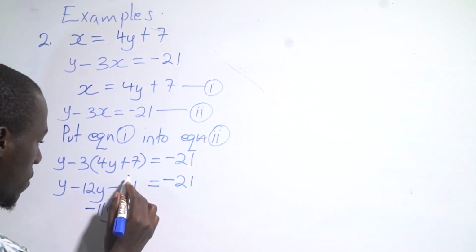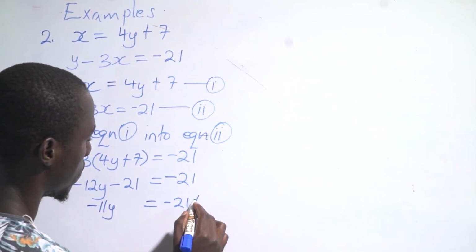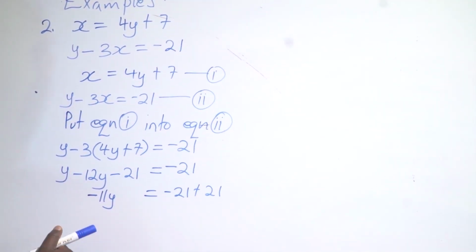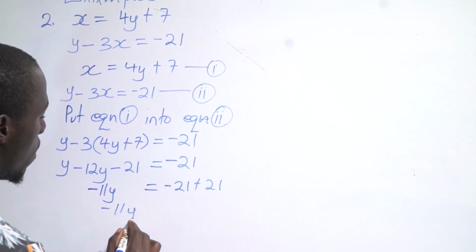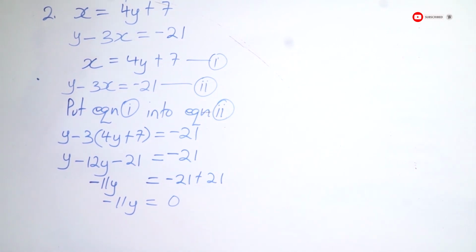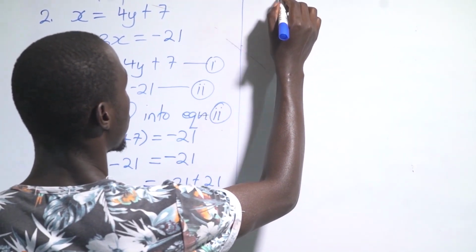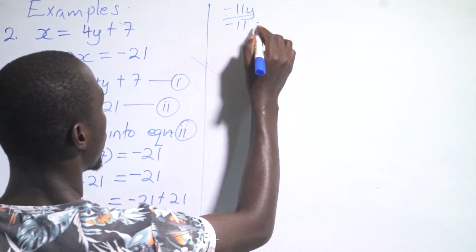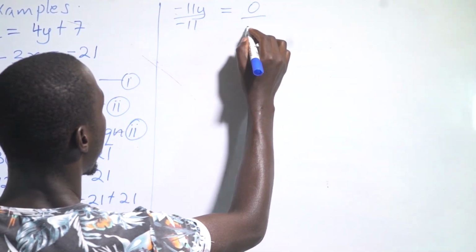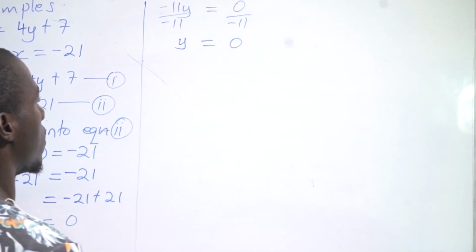Then I take negative 21 the other side to become a positive. Then negative 11y is equivalent to 0 that side. Then when I divide both sides by negative 11, I get the y as 0.